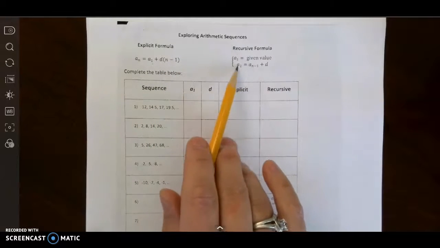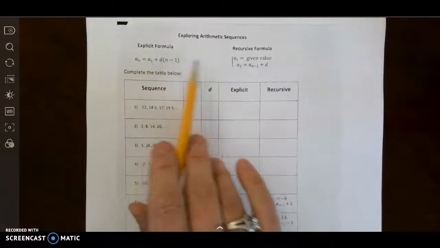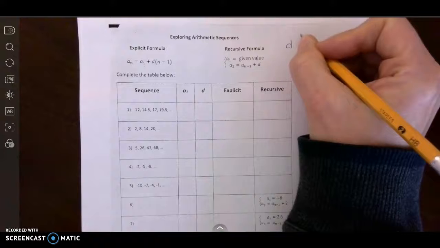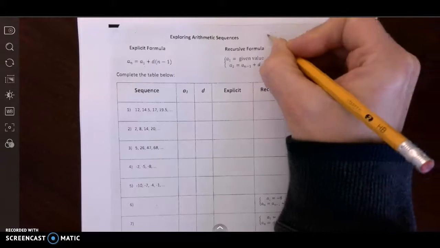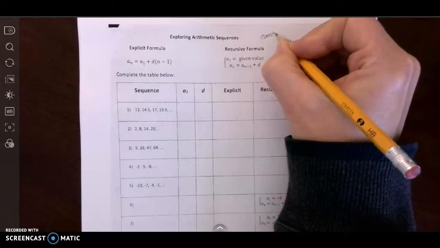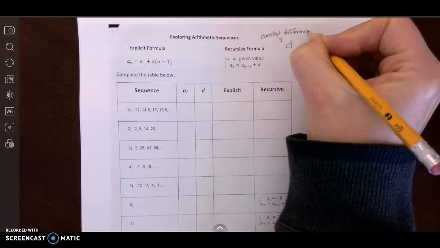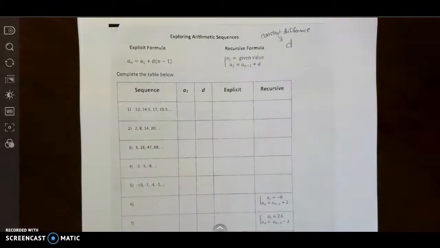Notice the recursive always has two parts. If you're ever wondering how you find a common difference, D, which is the common difference, or constant difference, you'll hear it spoken of as both, because it's the same every time.